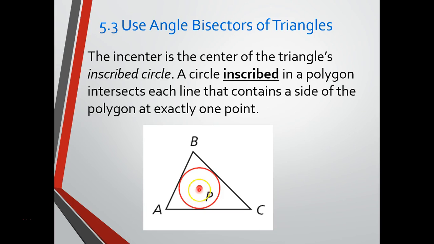This circle can be inscribed inside the polygon, and for it to be inscribed, using this point right here, it's going to touch all three sides of the triangle. I mean, just touch it. It's not going to go through it at all. It's going to touch each side of the triangle, just like this does right here. And that is what an inscribed circle of a polygon is.